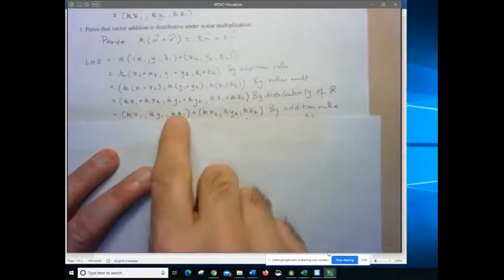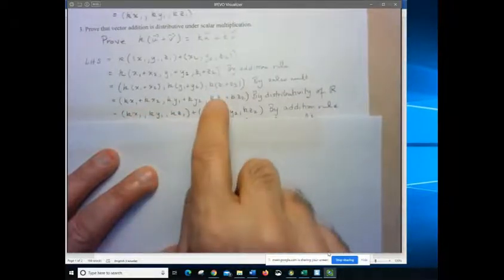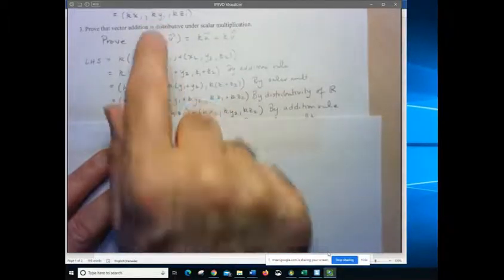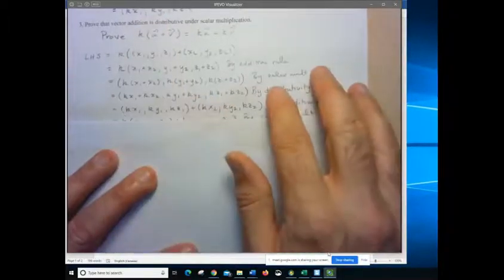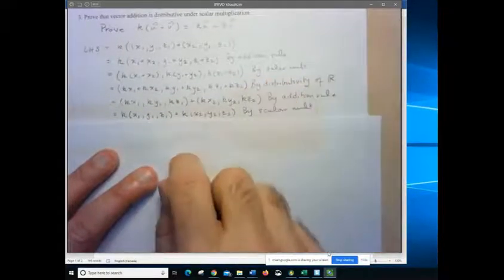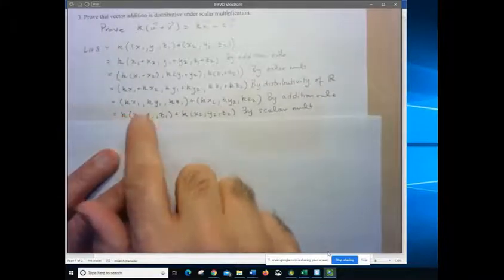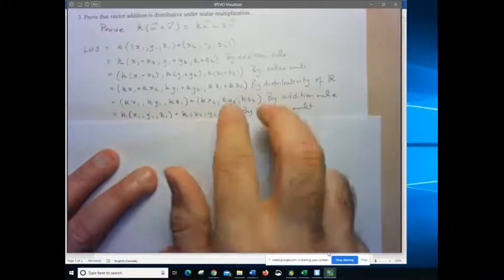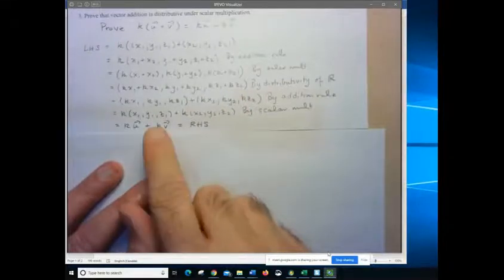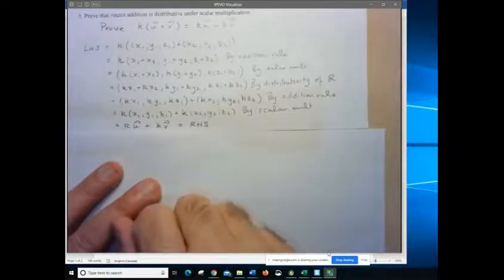You see that if I add these two, I get what I had previously. And now I'm going to apply my distributive property backwards to rewrite that expression in this way here. And look what we've just shown, k times u plus k times v. So I have now proven that vectors are distributive under addition and scalar multiplication.